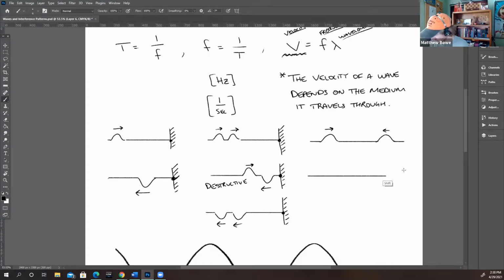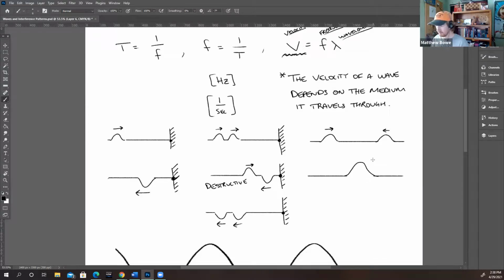There would be a spot where they collide, where they overlap one another, and they would constructively interfere. So if this one on the left had an amplitude of 2, and this one on the right also had an amplitude of 2, they would add their amplitudes together to create one wave for that briefest moment in the middle, of an amplitude of 4.